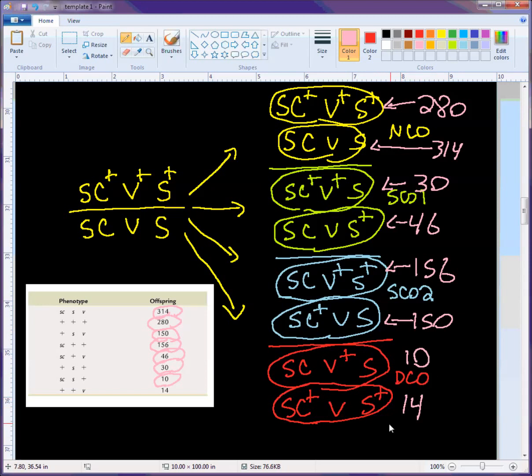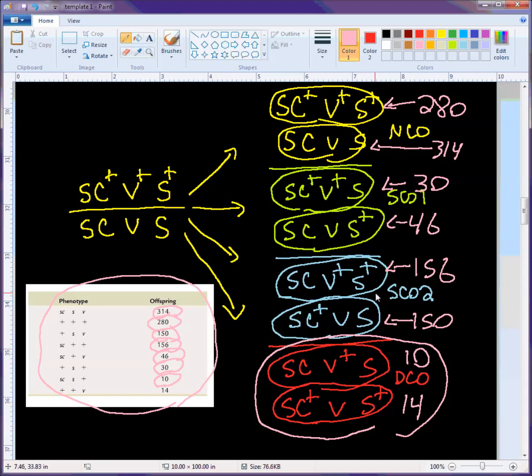Our double crossover gametes here are represented in the smallest numbers in the actual data. So our analysis shows that V is in the middle.